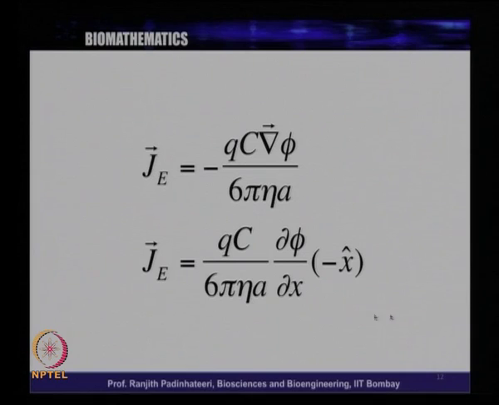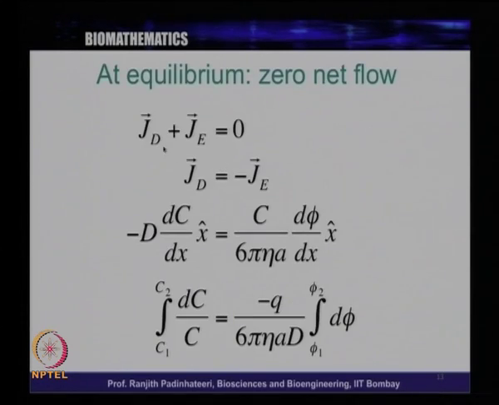So, now what does this mean? We have an expression for the current, an expression for J E, and we just said that at equilibrium there is no net flow.